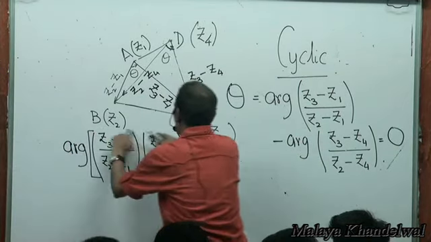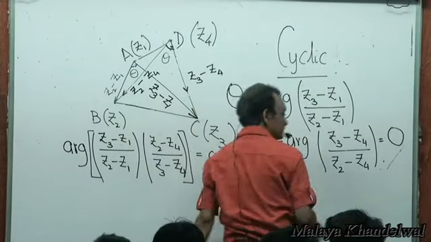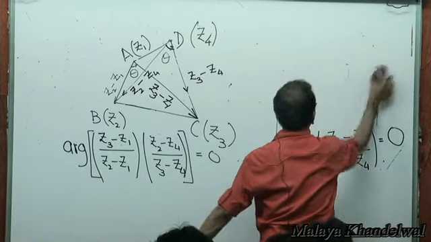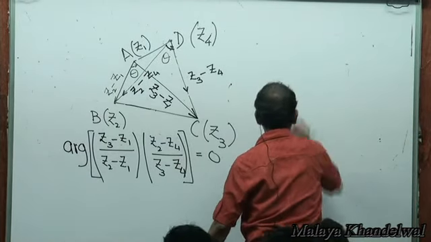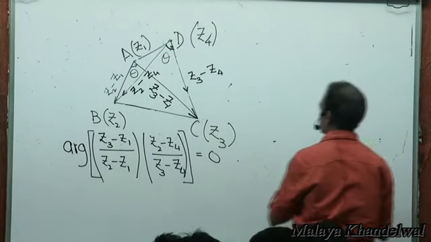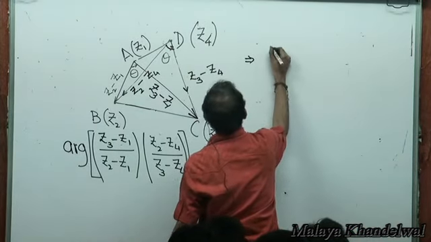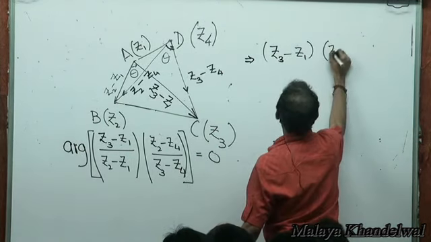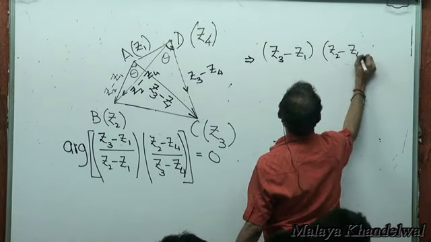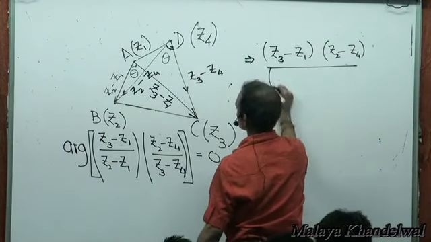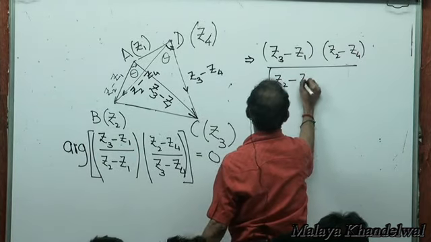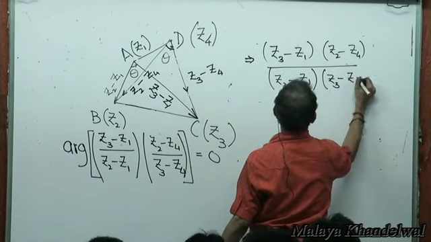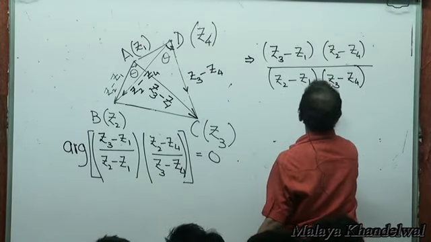That means this ratio, Z3 minus Z1 into Z2 minus Z4 over the other, must be purely real.